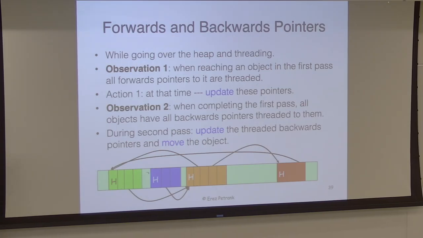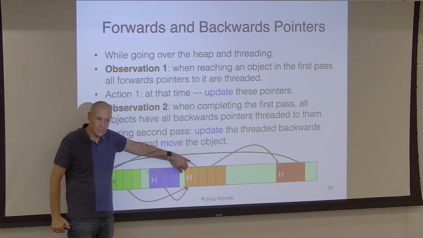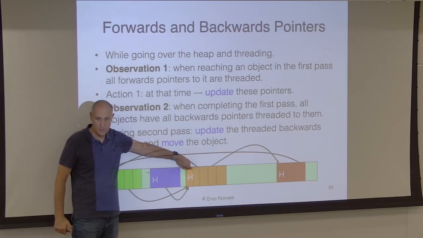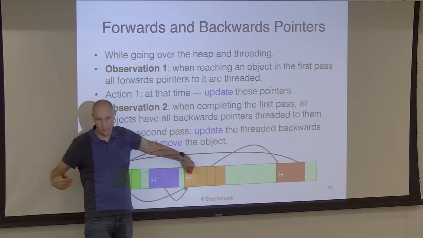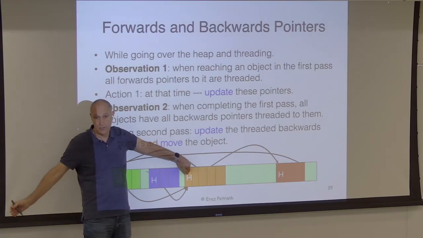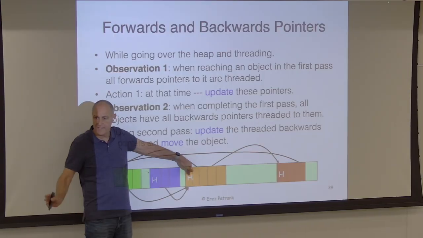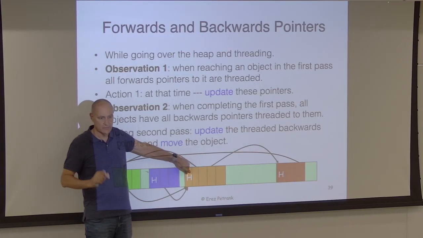Okay. So once we arrive at the object, we have all forwards pointers threaded into it, and I know where it's going to go because I've arrived at it. I know how many words were occupied before that. So I know where it goes. I can go and fix all forwards pointers that are threaded into it.